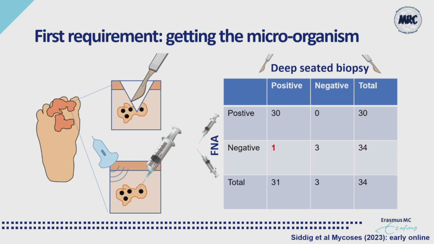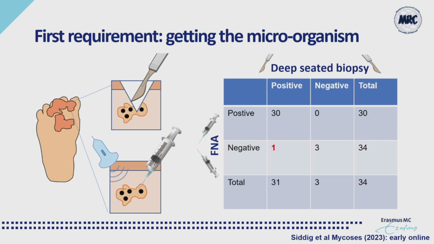So the first thing we need to do is to get the sample. And as I mentioned, a deep-seated biopsy is the preferred method. So in the Mycetoma Research Center, Emmanuel Siddig compared if fine needle aspiration, ultrasound guided, would be equally sensitive to obtain some grains.